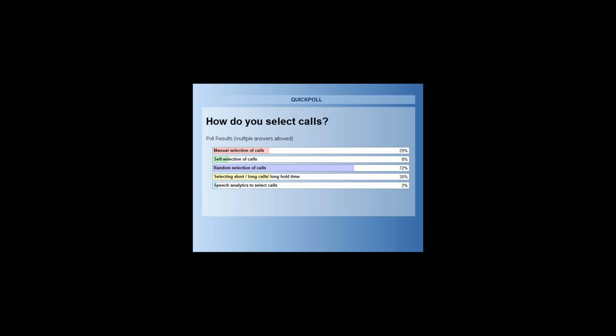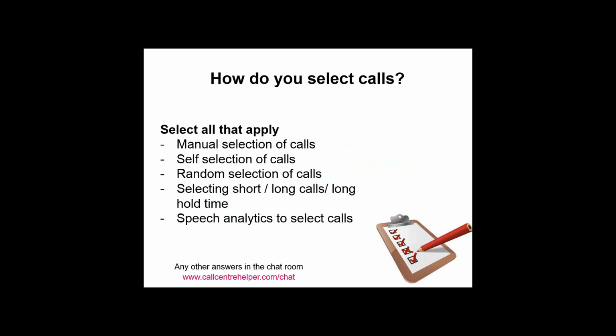Yeah, we ran an article on that quite recently, which is quite interesting. 29% using manual selection of calls, 8% self-selection of calls by agents, and only 2% are using speech analytics. I think there's some tricks that people might be missing there. So quite fascinating. Tom, I'll hand back to you, and if you'd like to take us through the rest of your thoughts.